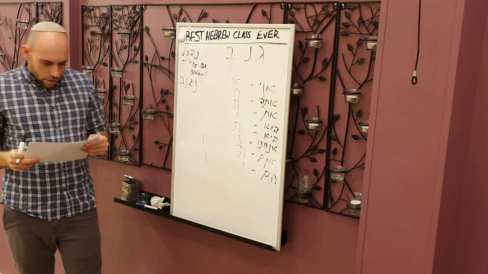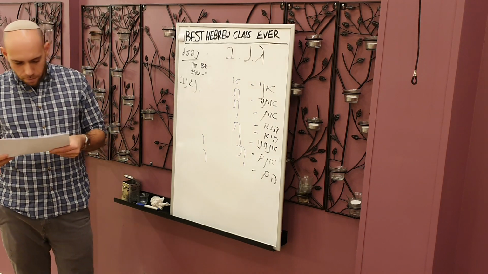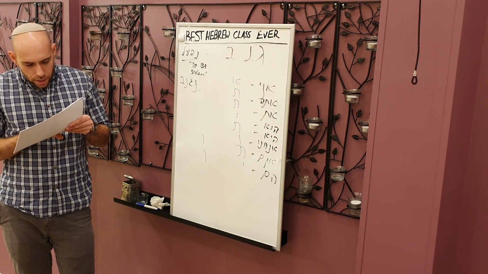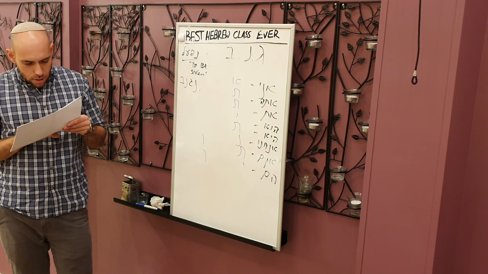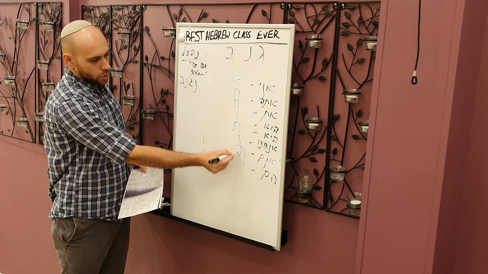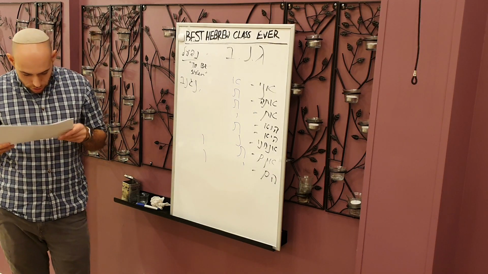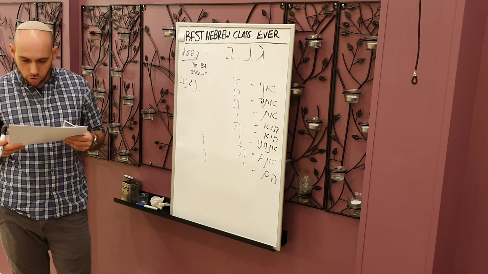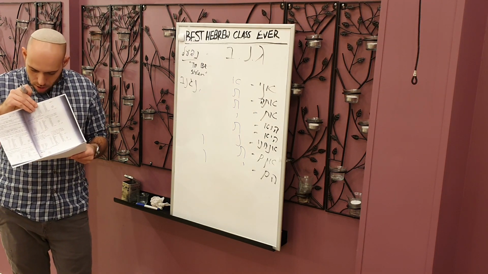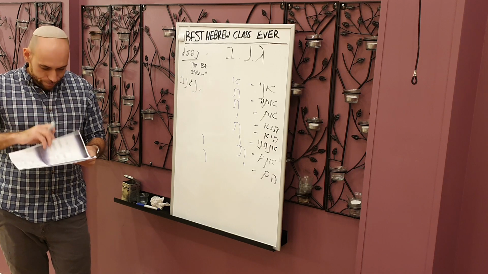So how is it formed in the future? In the future, it looks like this. It has a yud added after this one. I noticed that the first form doesn't have the yud, which I think might be a typo, because I thought it always had the yud.